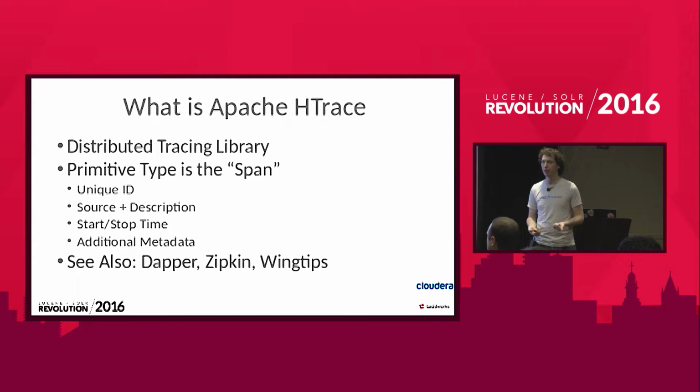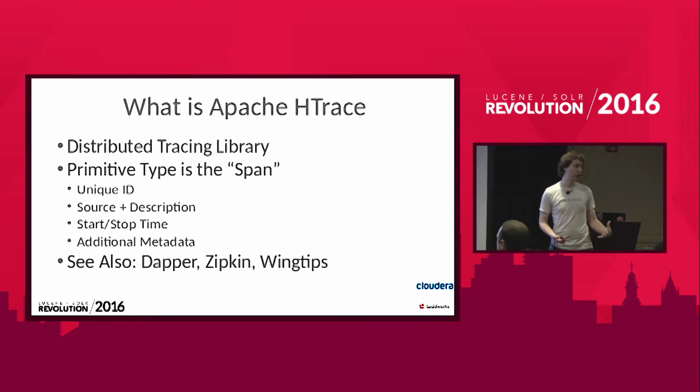It's 128-bit mumbo jumbo. And then we can throw a source and a description on it. Because it's a distributed system, it's really important to know where your traces are coming from. So if I have 100 servers and I have, oh, a query took 10 seconds, that doesn't tell me anything. But having a source and having a description makes them identifiable.